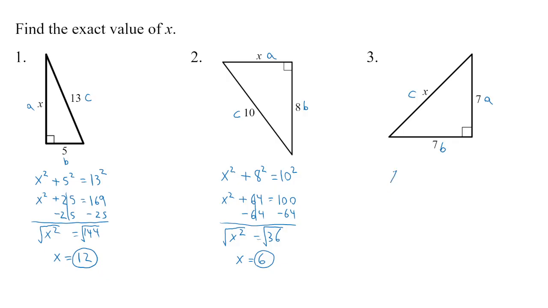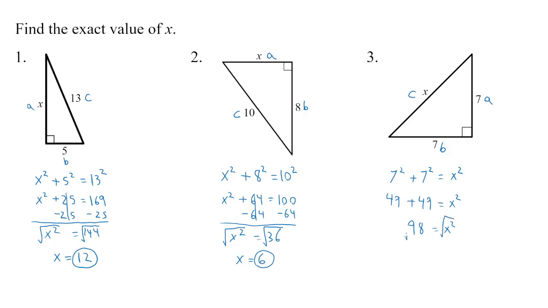So we have 7 squared plus 7 squared equals x squared. 7 squared is 49, so 49 plus 49 gives you 98, equals x squared.